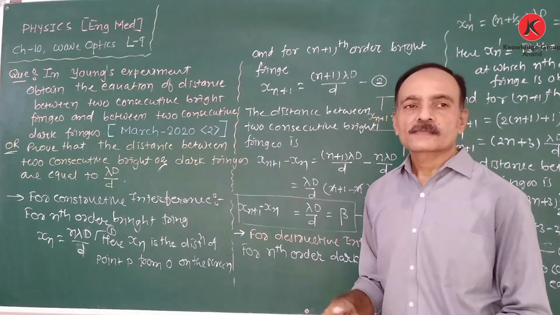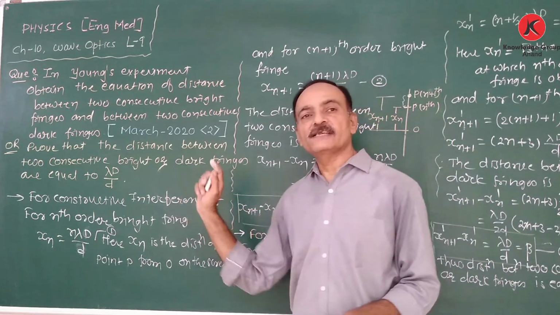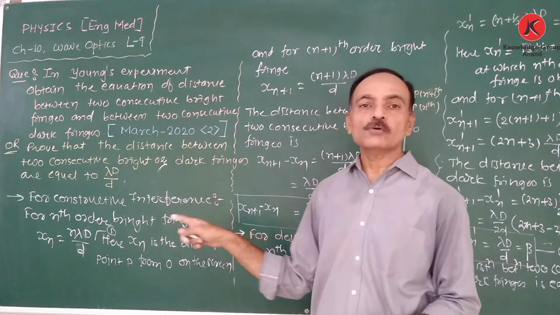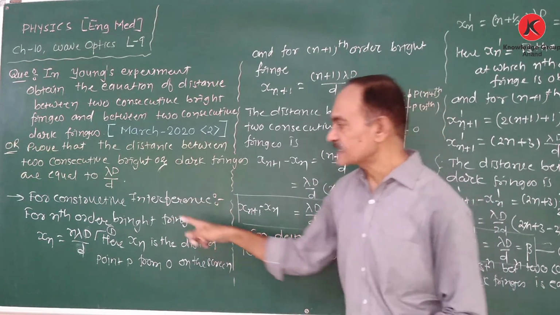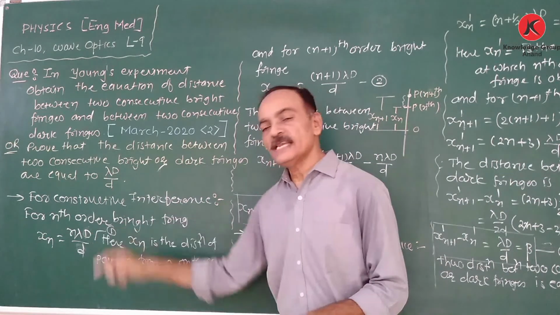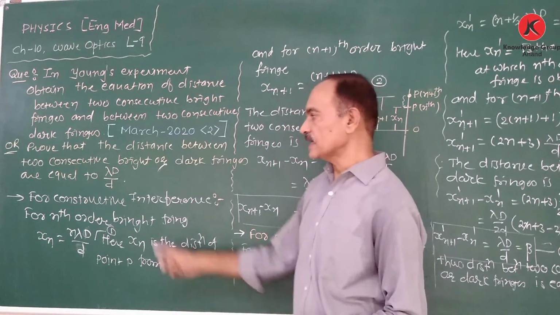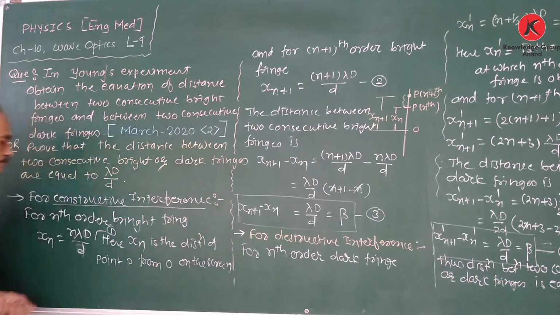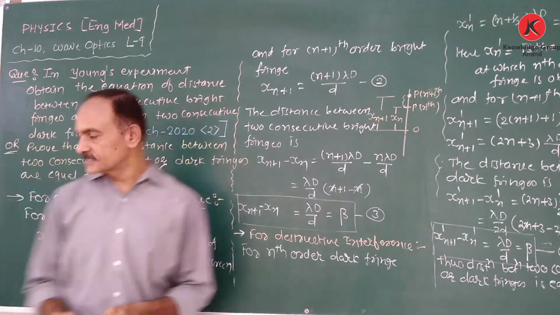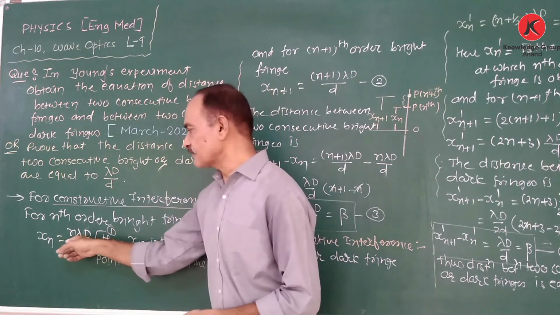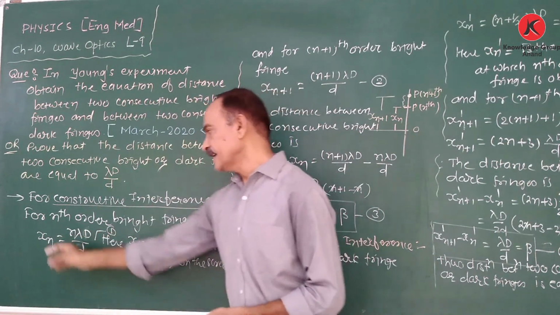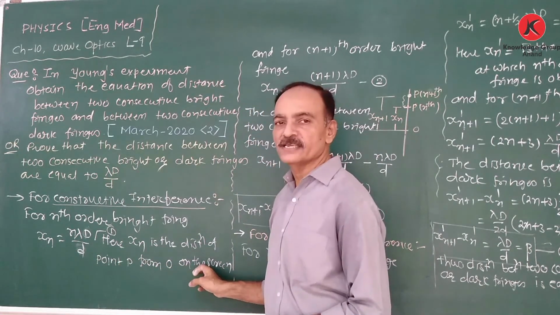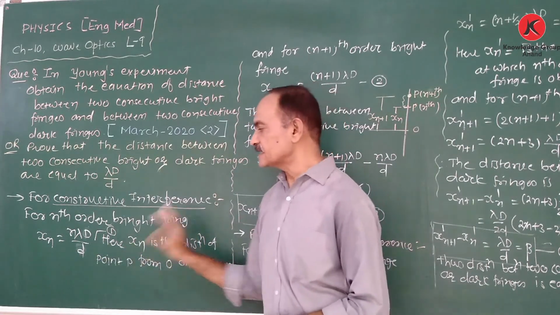From the condition of constructive interference, we obtain the equation of the distance of the nth order bright fringe, xn is equal to n lambda D upon d. xn is the distance of point P from O on the screen, where the nth order bright fringe is formed.